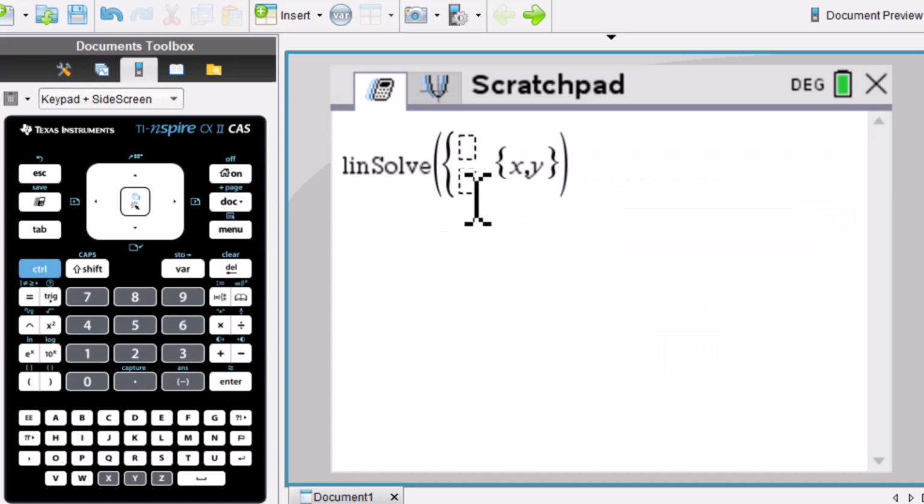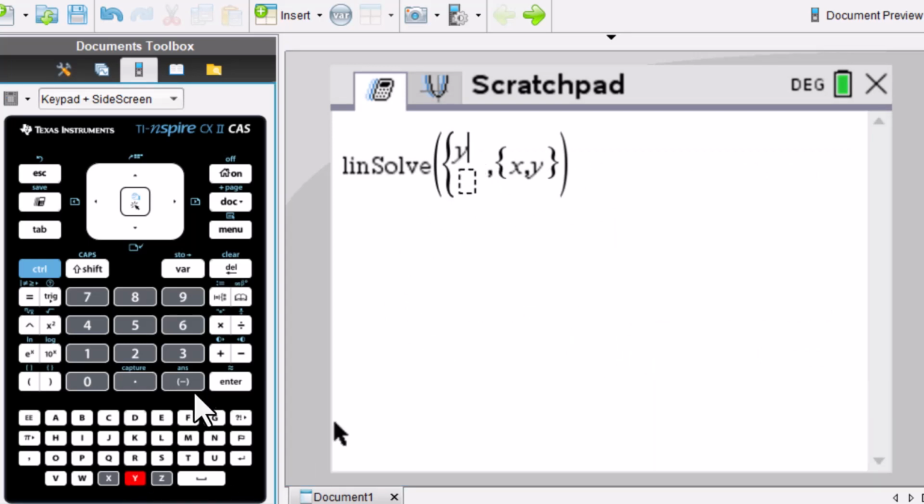Enter. y minus 3 equals 3 divided by 2, parentheses x plus 2.